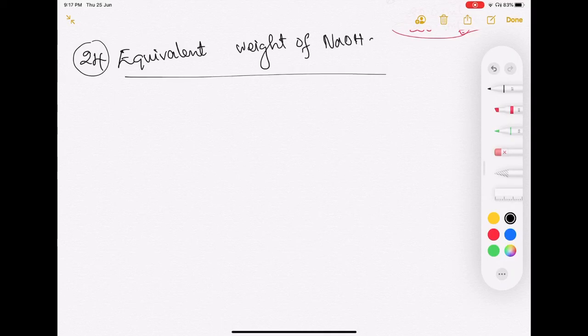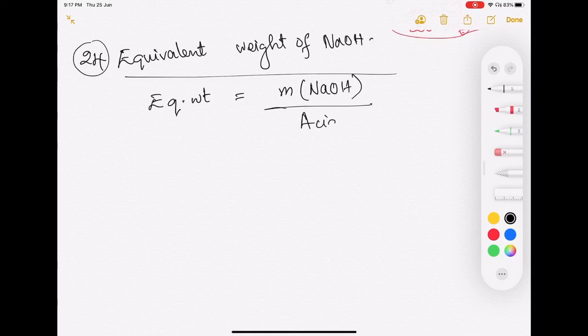To understand, we should know what is the meaning of equivalent weight. Equivalent weight of a base is the molar mass of a particular base divided by its acidity. This is known as equivalent weight, right?